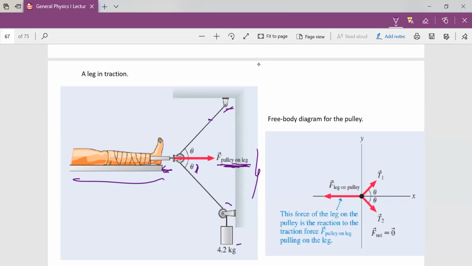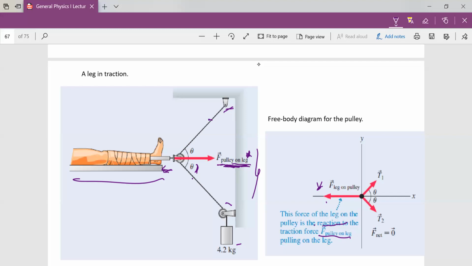So we see that it is actually this and this that forms a kind of action-reaction pair in this scenario. So the force on the leg is a reaction to the force on the pulley. So this reacts to this, and that's why they're opposite in direction and they are acting on different objects.